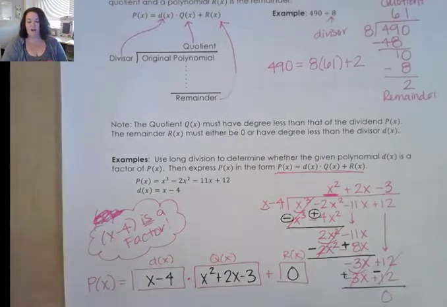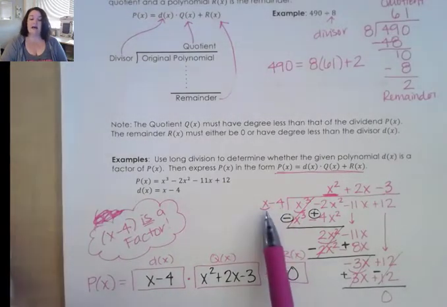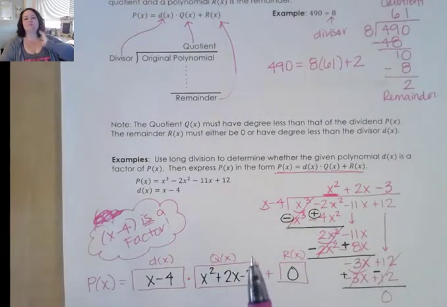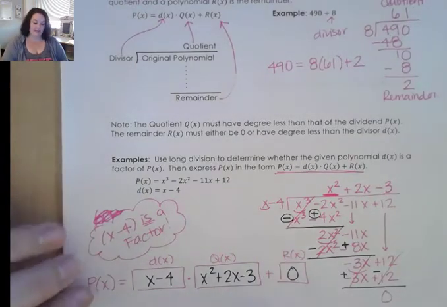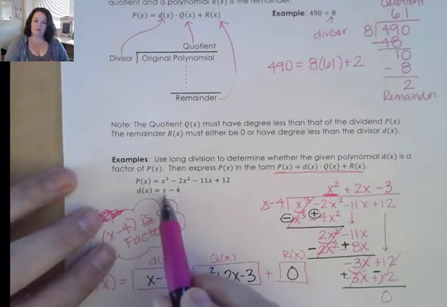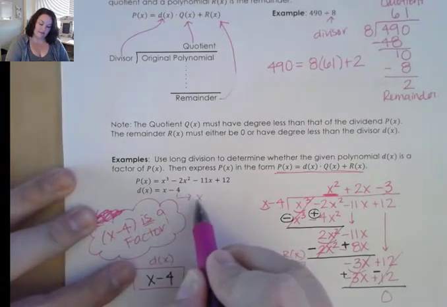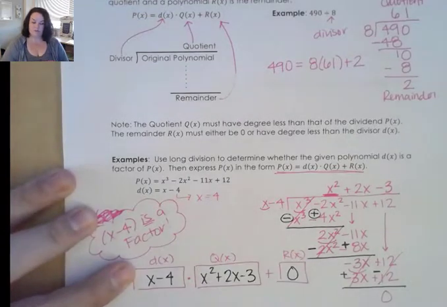Okay? All right, so here's some cool things that we know now. We know that whatever this original factor is, the divisor, it's a factor. The other thing that's cool, and we'll get into this more when we talk about synthetic division, is if I were to solve this, so it's x minus 4, if I were to set that equal to 0, this would give me x equals a positive 4, right?